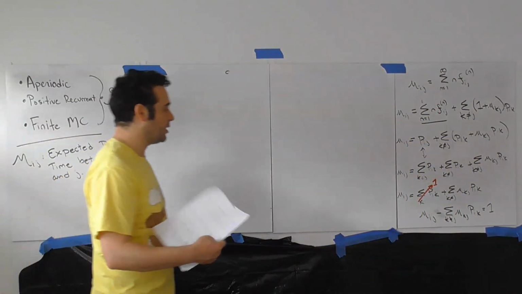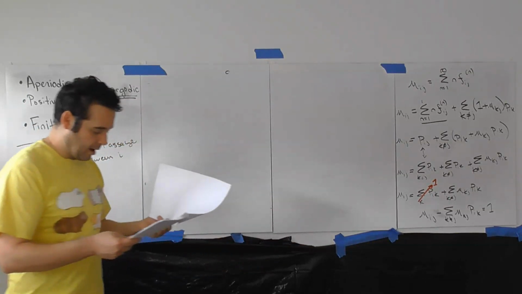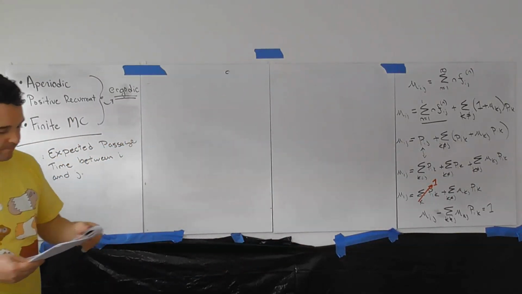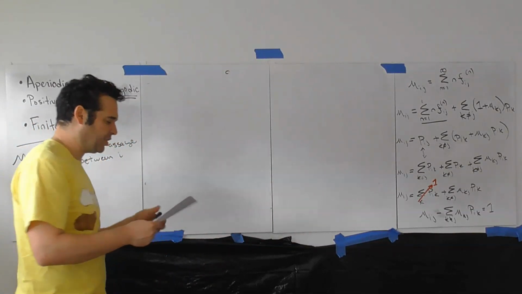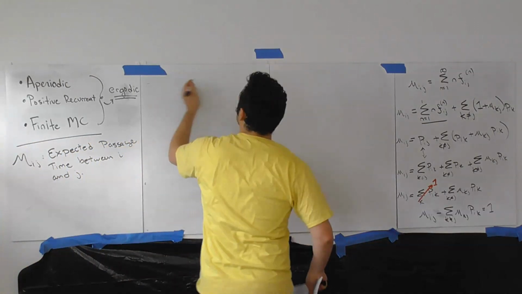So first, we kind of have to pick a j. Okay, so let's assume we picked a j.